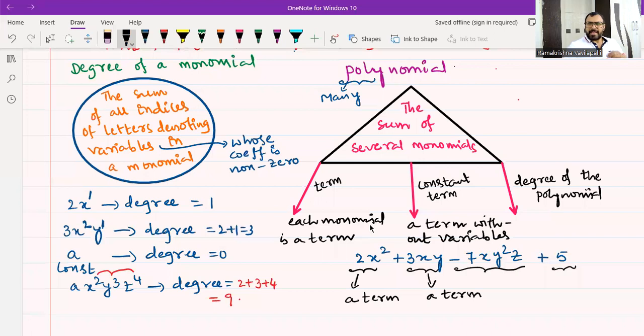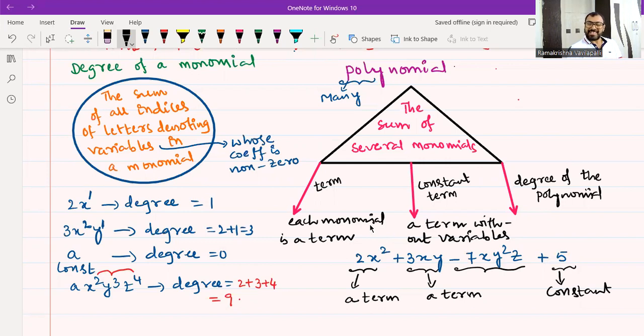So a term without variables is simply called a constant term. So this is a constant term because it does not contain any variable. And the first 3 terms are not at all constant because they contain variables.